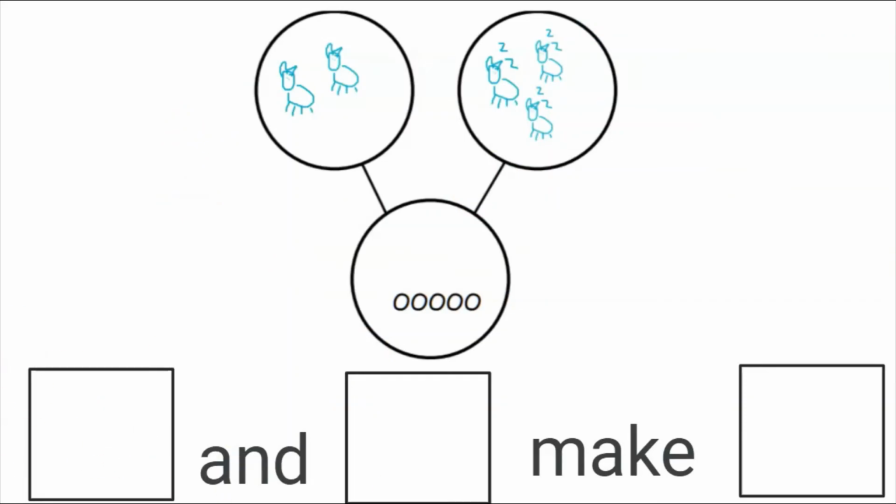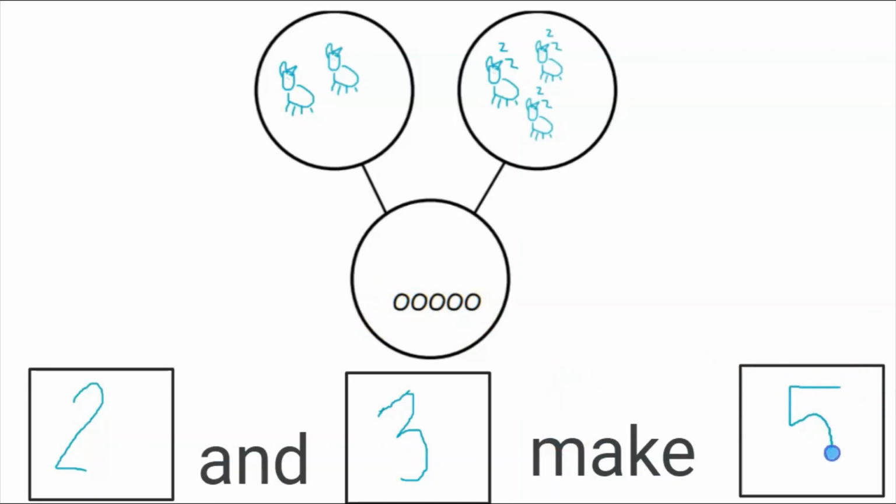What's our first part going to be? Right, we can go back to our parts and count. 1, 2. 2 and, let's go back and count. 1, 2, 3. 2 and 3 make 1, 2, 3, 4, 5.